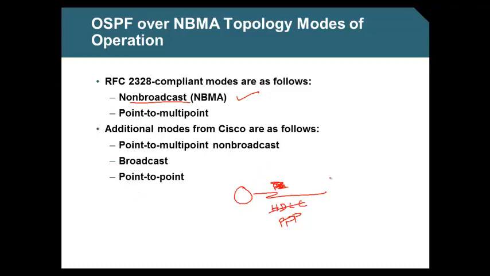But when you have frame relay as encapsulation, the default mode is non-broadcast. That's the first point. This is a default mode. As we saw in the previous slide, the neighbors are not dynamically discovered.